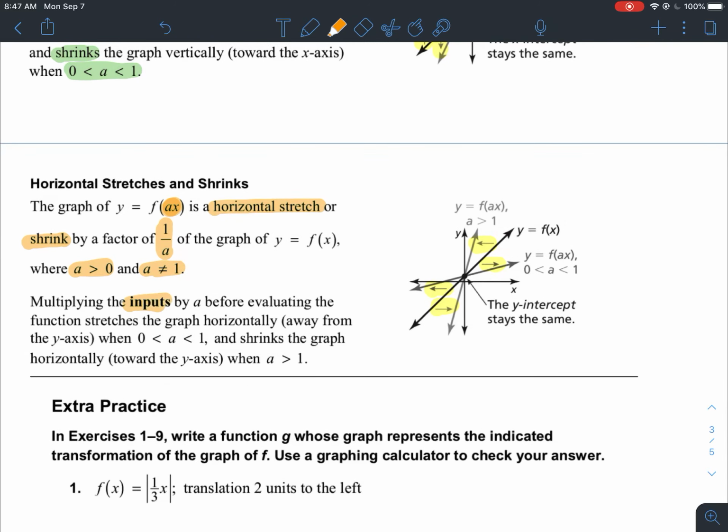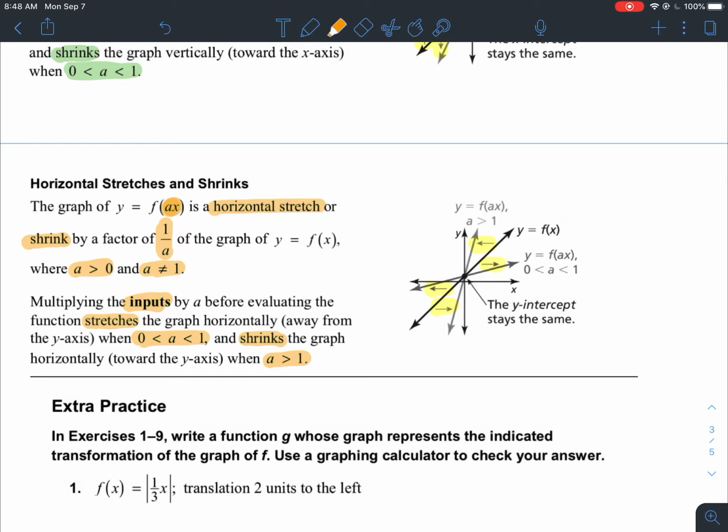So the inputs, again, inputs are your x values, by a, so multiplying the inputs by a before evaluating the function stretches the graph horizontally away from the x-axis, so it's a stretch whenever a is between 0 and 1, and a shrink when a is greater than 1.